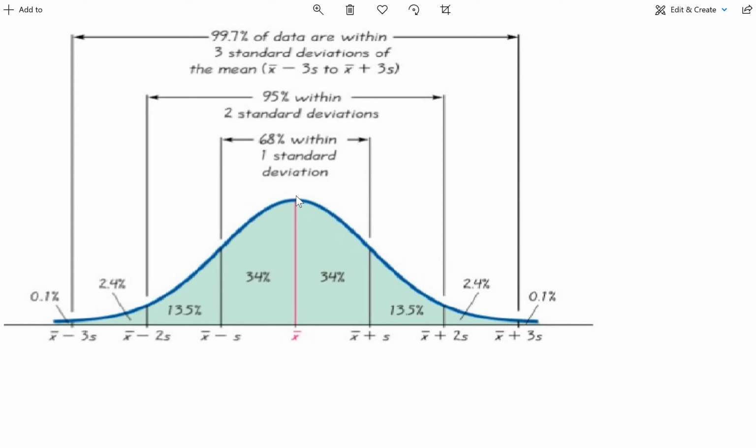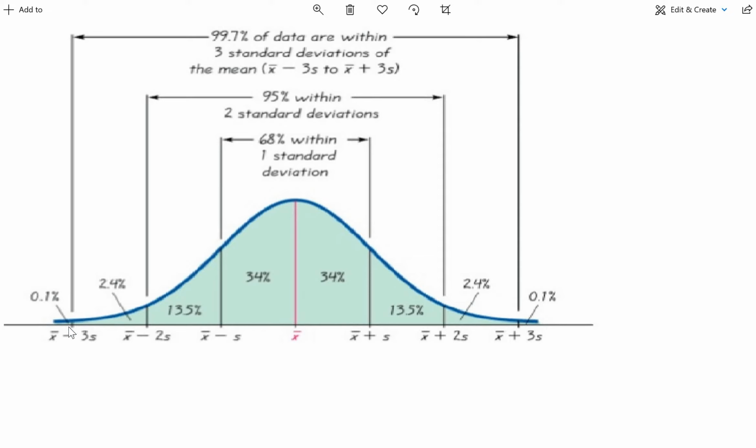That means you have the mean here, so when you add plus 2 times the standard deviation, that comes here, and minus 2 standard deviations comes here, and this curve from here to here covers 95% of your data.